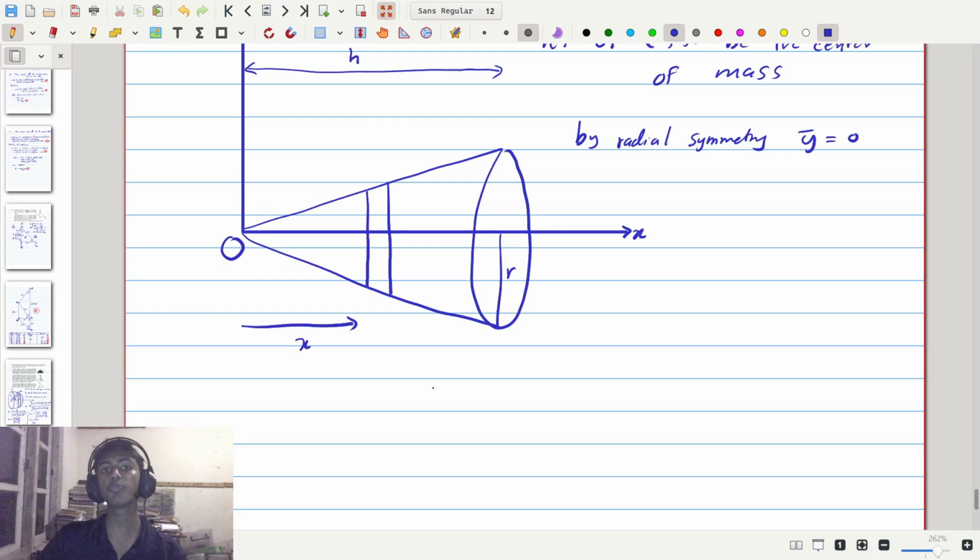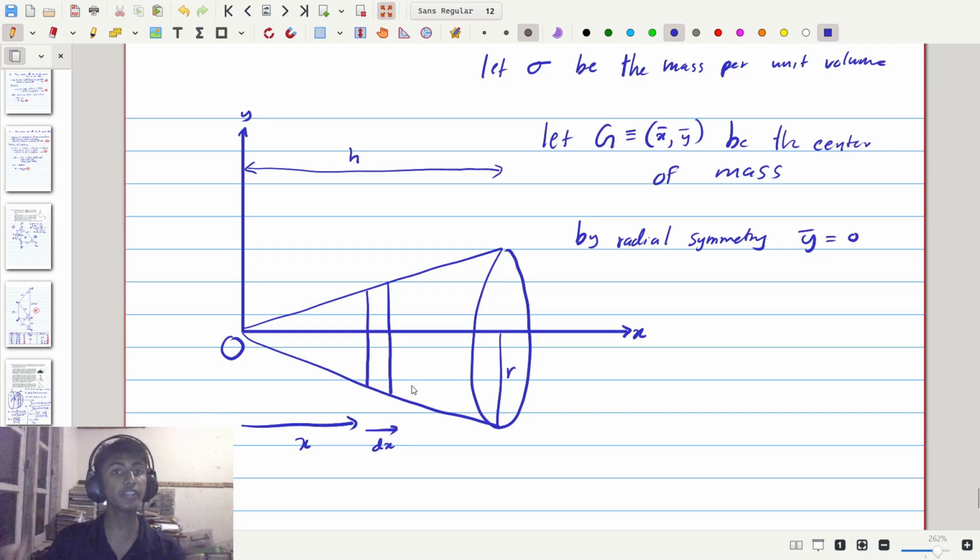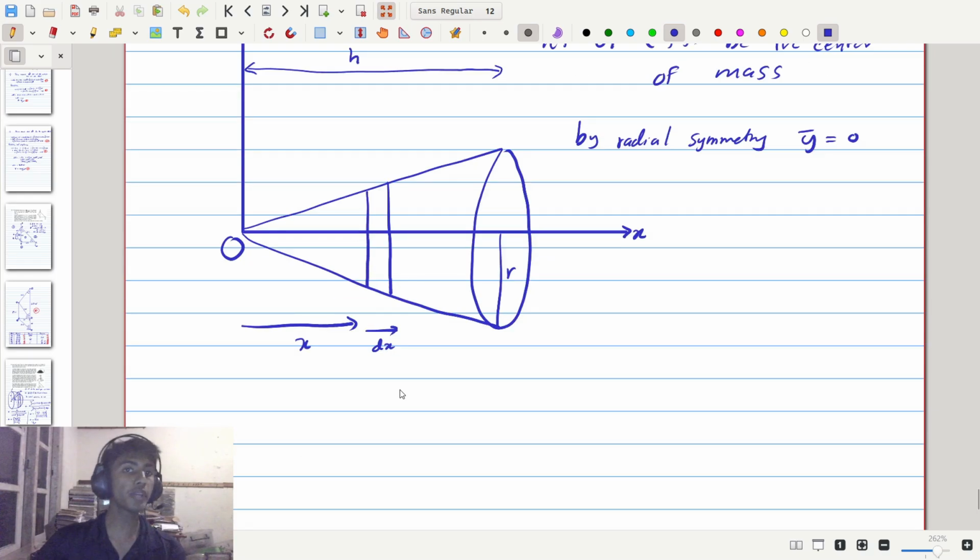And the small distance from this point to this point in the x-coordinate direction is dx. So now we've established the coordinates that we're going to integrate with respect to. What we need to do is find the volume of this shape, which we can then use to find the mass of the shape, and then find the x-coordinate of the center of mass of this object from the origin.